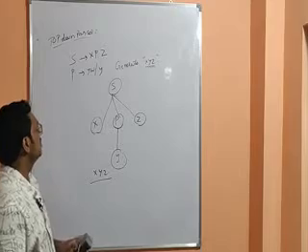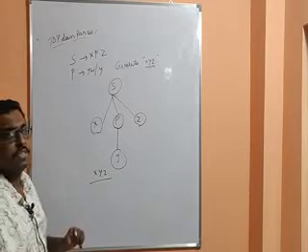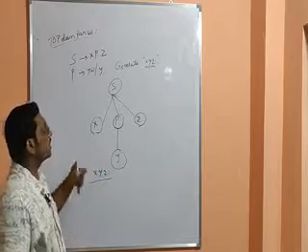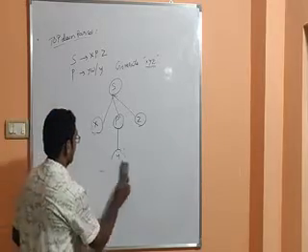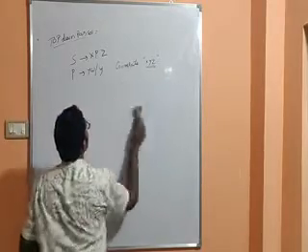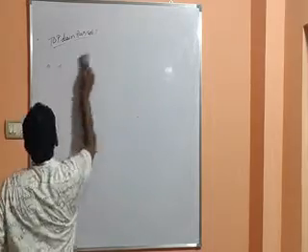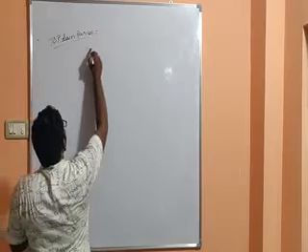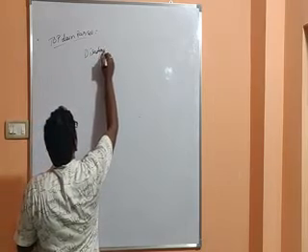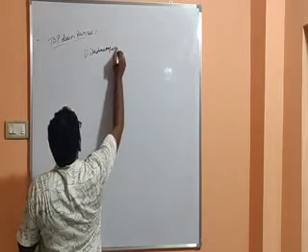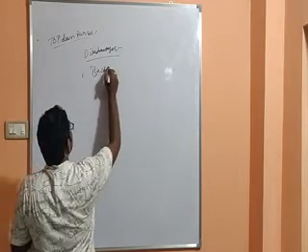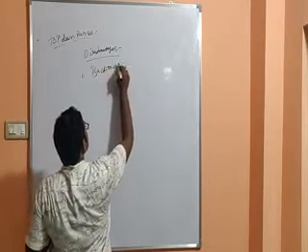Now let us see what more disadvantages there are with the top-down mechanism. The first disadvantage is backtracking.